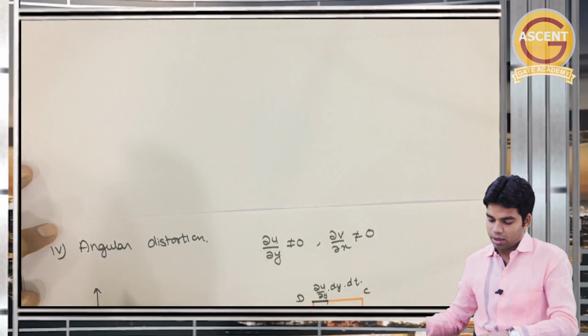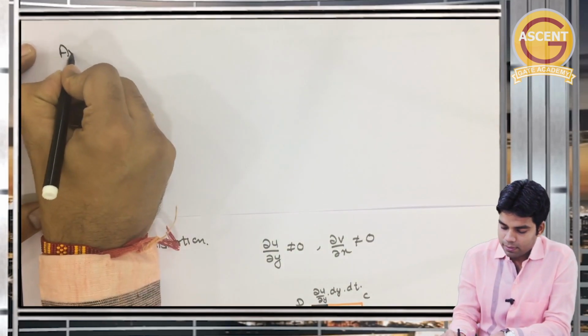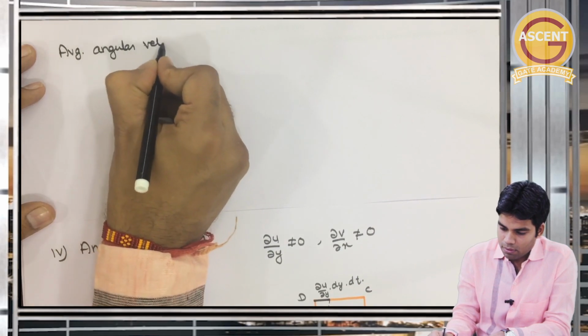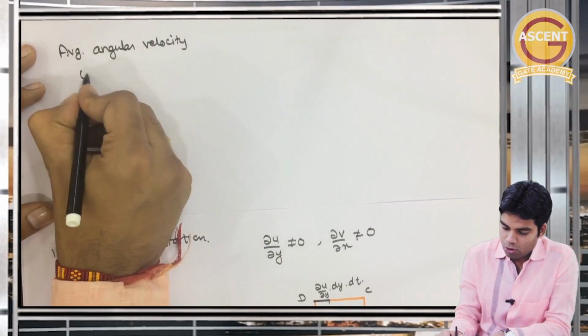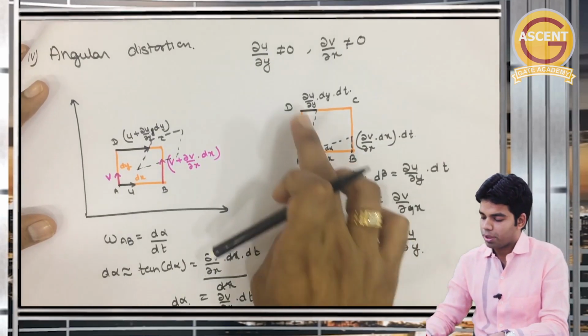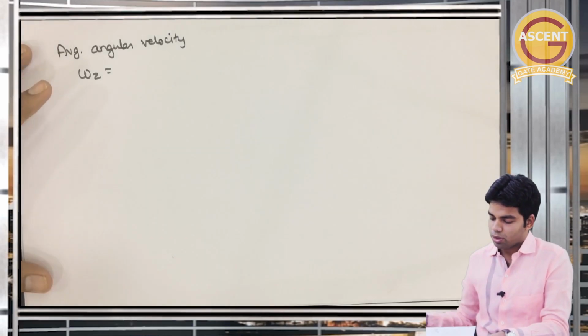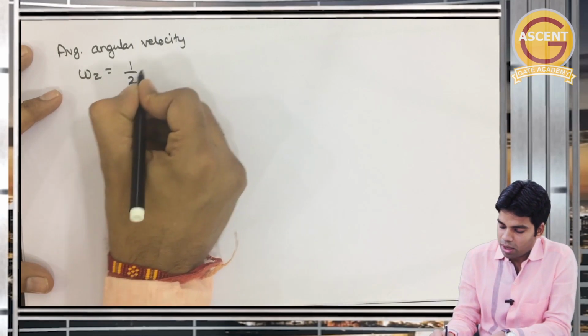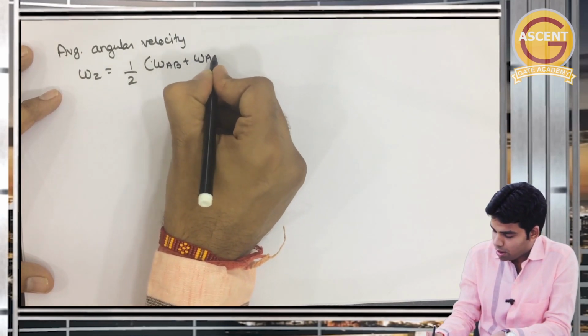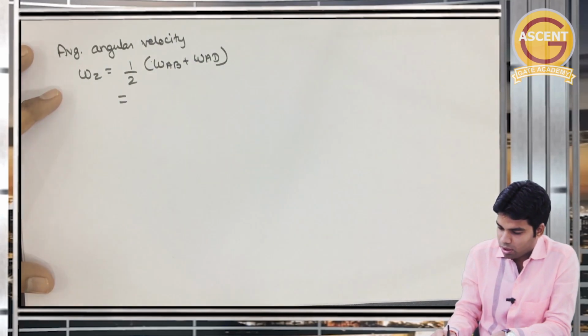So what will be now the average angular velocity? Omega z. This will be the average of these two, omega AB and omega AD. Okay, so the average of omega, so this will be half of omega AB plus omega AD. Okay, so just put the values.